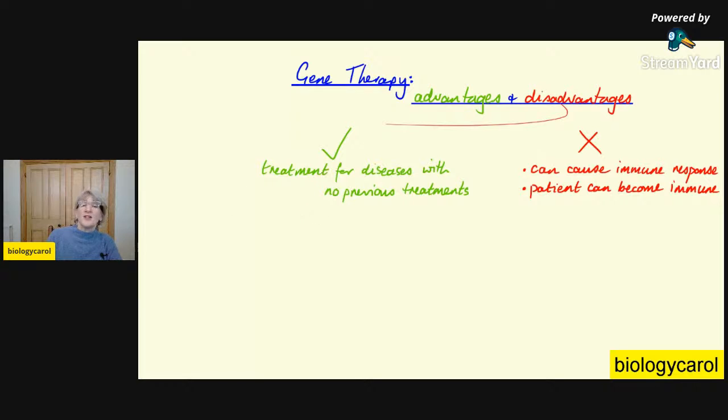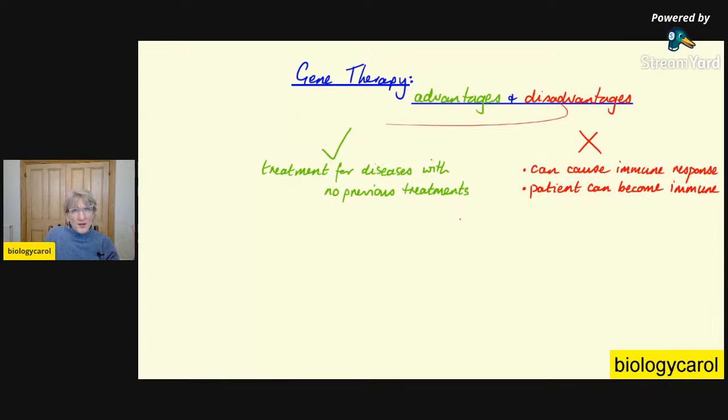So here's the huge advantage of gene therapy, but there are disadvantages. Number one, it can cause an immune response. This is often with regards to when viral vectors are used, because in effect, you are introducing a virus into the body. You are infecting the body with a virus. And therefore, it can cause an immune or an inflammatory response.